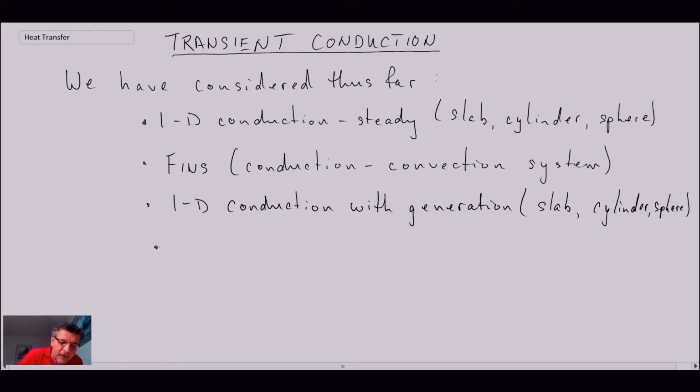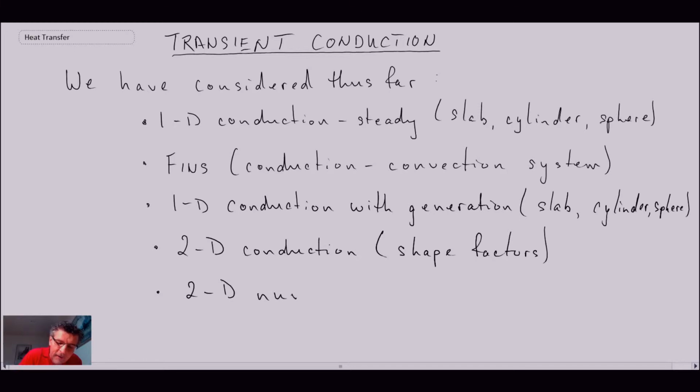And we also have looked at 2D conduction, and with analysis there, we use shape factors. And we have finally looked at 2D numerical analysis.